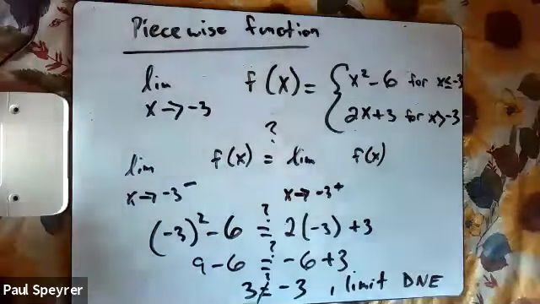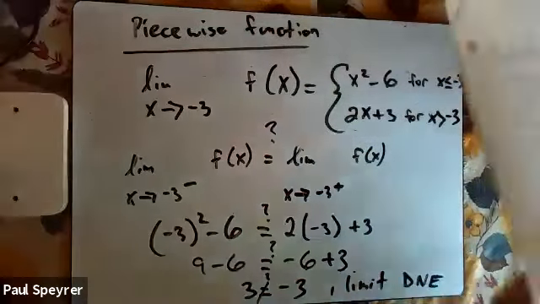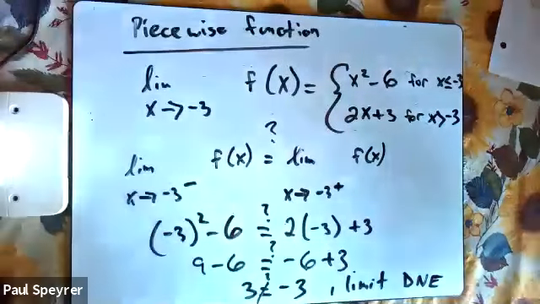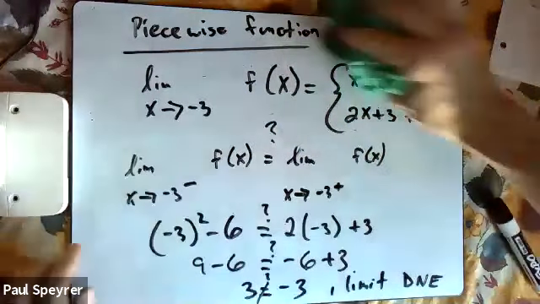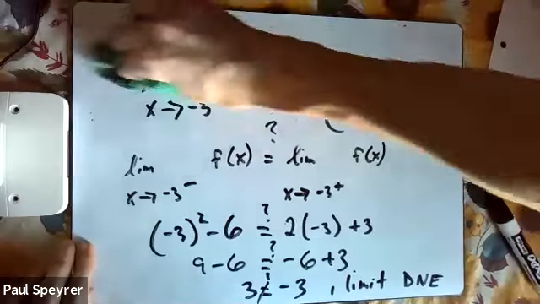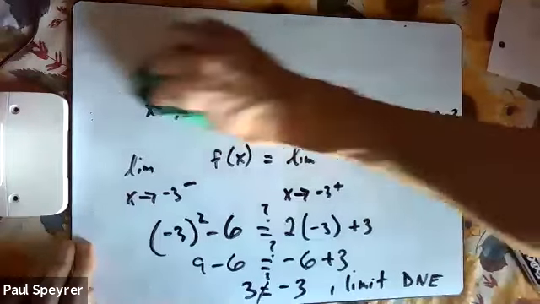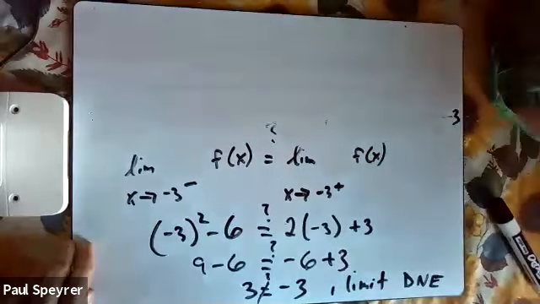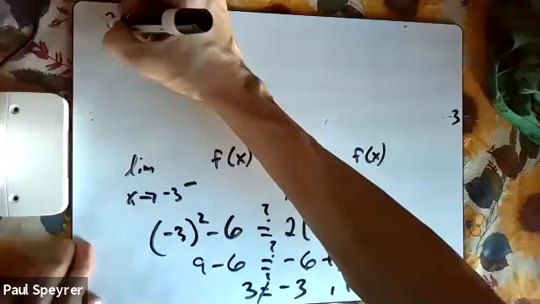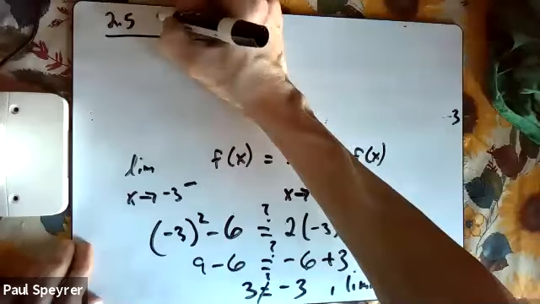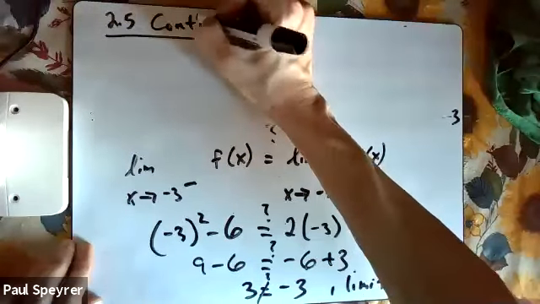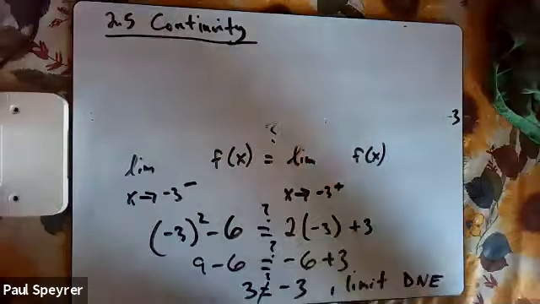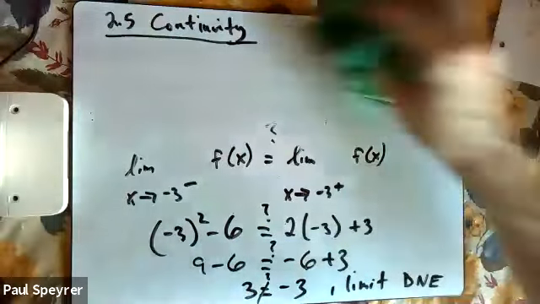All right, let us move on to 2.5. 2.5 still deals with limits.